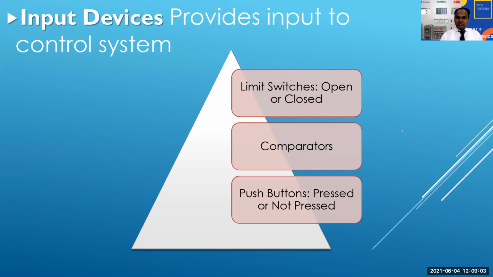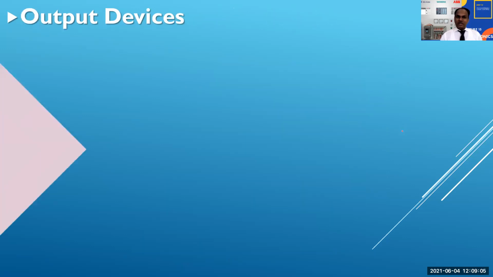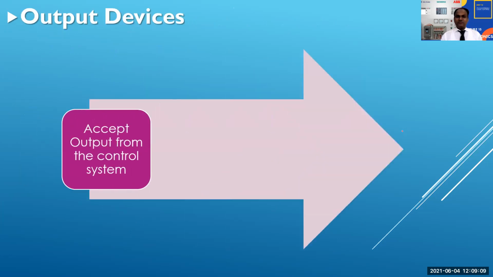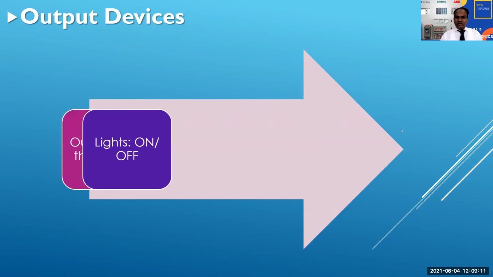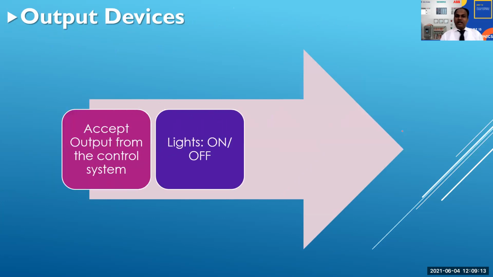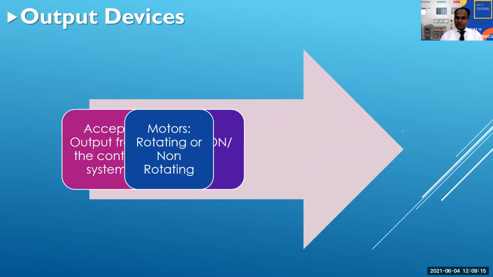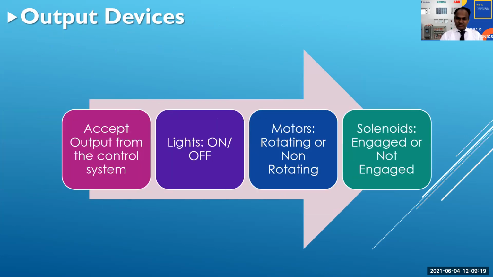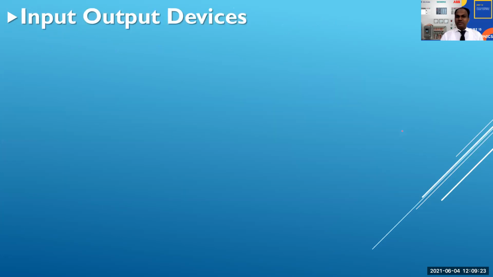So these will be the input devices. Similarly, output devices accept output from the control system. That will be light on off system, motors, rotating and non-rotating, and solenoid valves engaged or disengaged. So these will be the outputs of PLC.